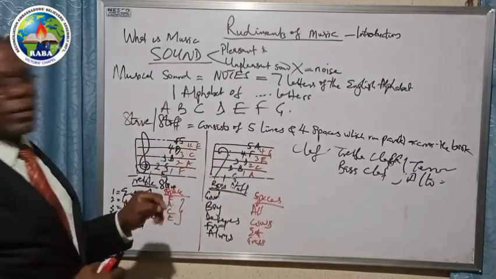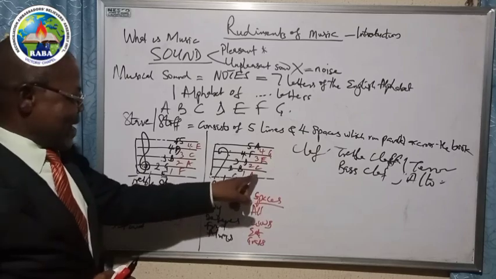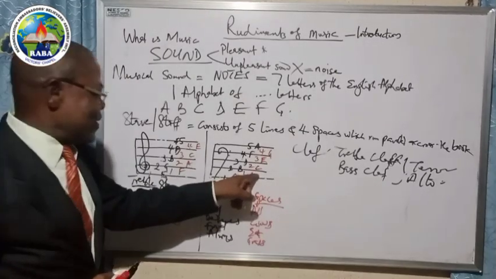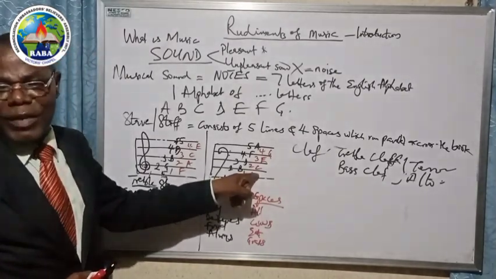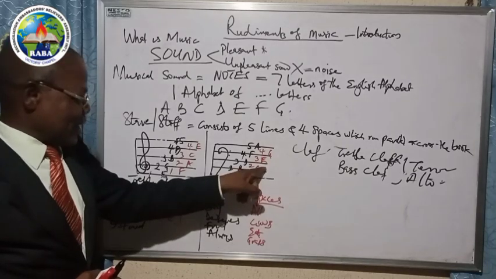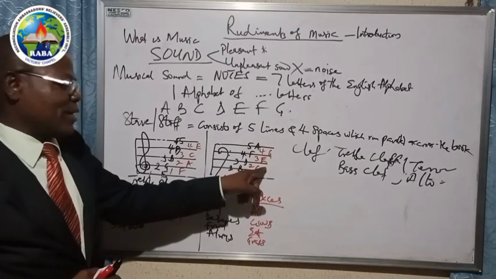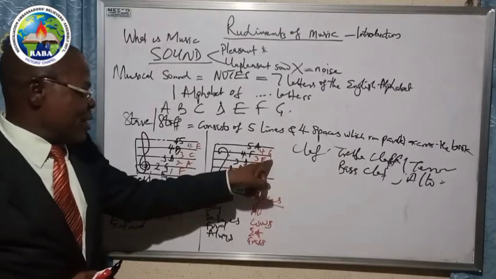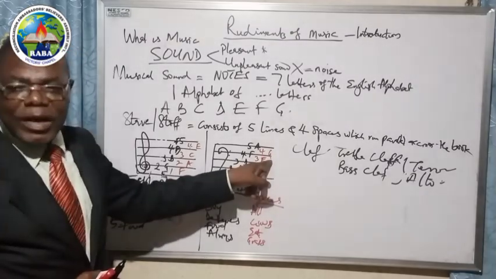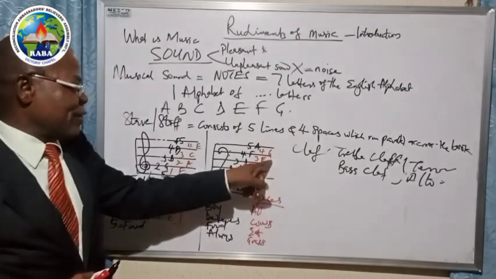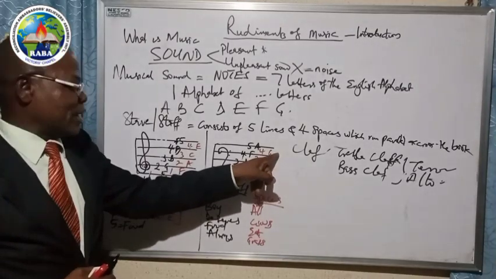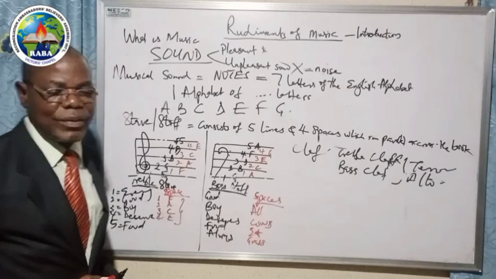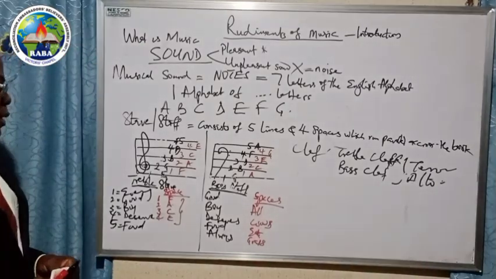When you look at the spaces, A is in the first space of the bass stave. C is in the second space of the bass stave. E in the third space of the bass stave, while G is in the fourth space of the bass stave.